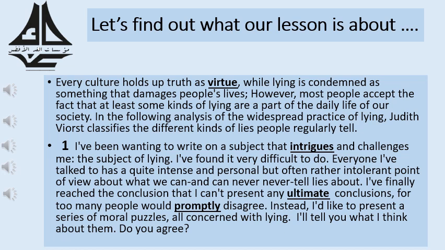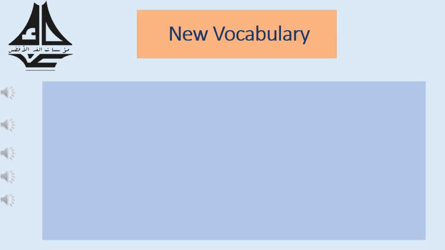She claims that she wasn't able to come up with a final conclusion that all people would agree with, so this is why she decided to present moral issues about lying as they are and then give her opinion about them.